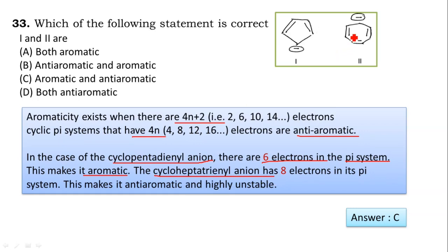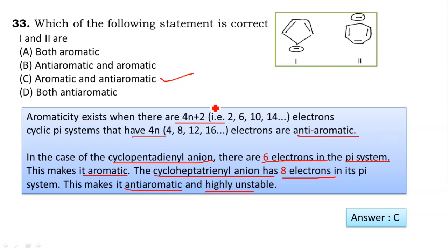You see there are 3 pi bonds, 3 into 2, 6 electrons, and one anion, so 2 electrons, hence it has 8 electrons. It is anti-aromatic. It is a 4n system and highly unstable. Hence the answer here is C. Compound 1 is aromatic, cyclopentadienyl anion, and compound 2 is anti-aromatic.